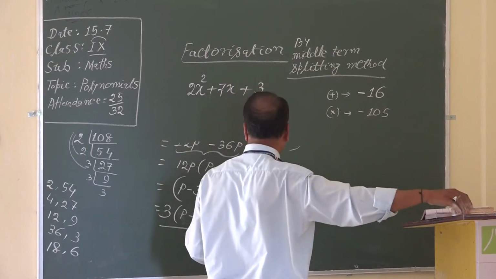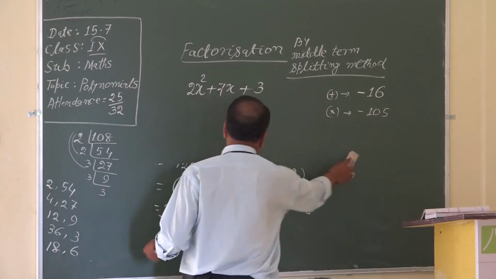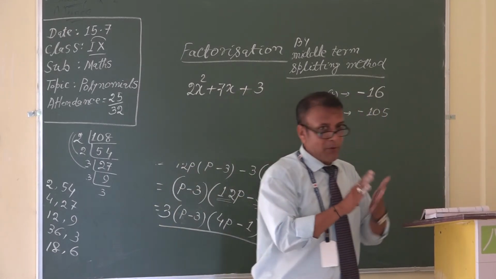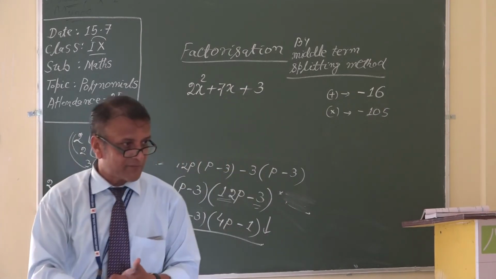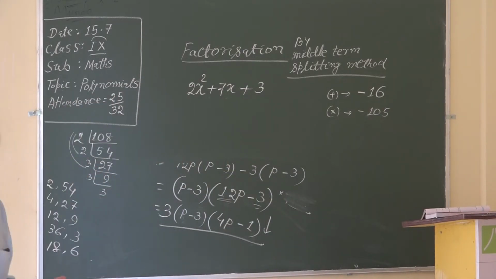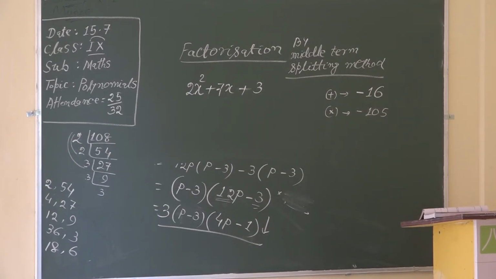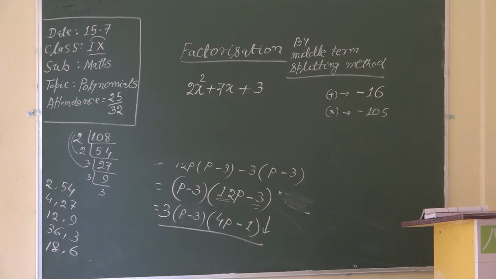By middle term splitting method, you will find the factors of this one. I am giving you 1 minute only to see how you are splitting the middle term. In this 2x square plus 7x plus 3, just to split the middle term, that is 7x, how will you split it?